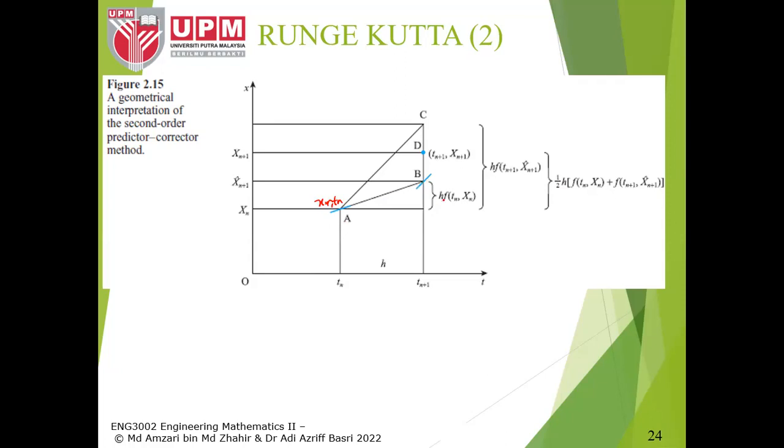So this one will be affected based on the time step h of the function of Tn, xn. For example, B to C becomes Tn plus 1, xn plus 1. So in terms of the function, it's f of Tn plus 1, xn plus 1. It means that the calculation is an average in between.